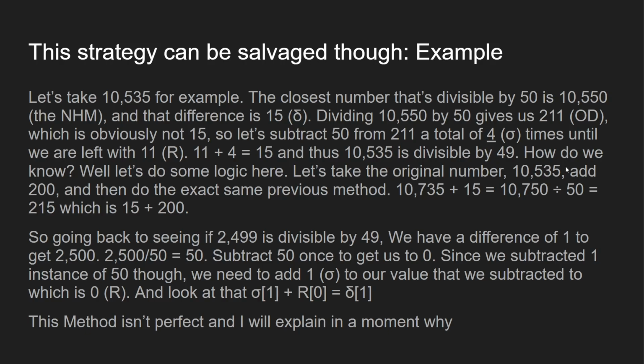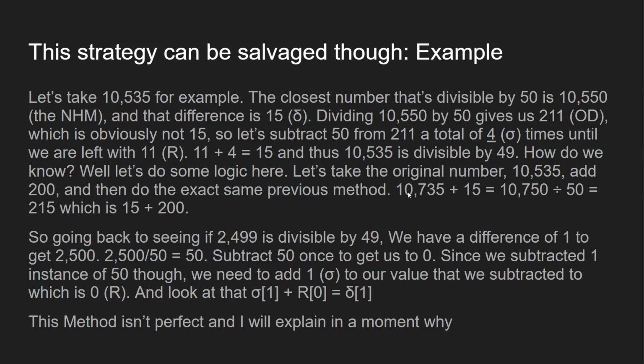Did I convince you? Well, maybe not, but how do we know that this works, okay? Well, let's do some logic here. Let's take the original number, 10,535, and what was the number that we subtracted? 200, okay? Let's add 200 then. And then we do the exact same previous method. So that's going to leave us with 10,735.